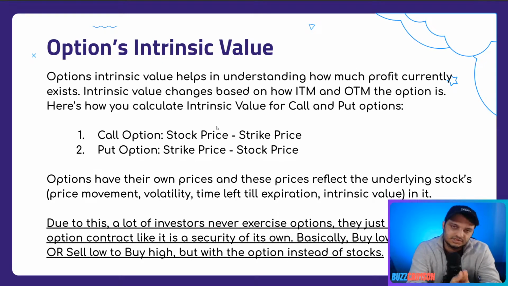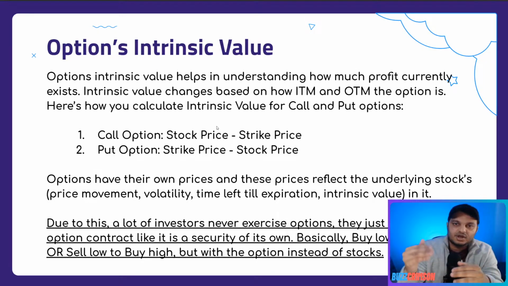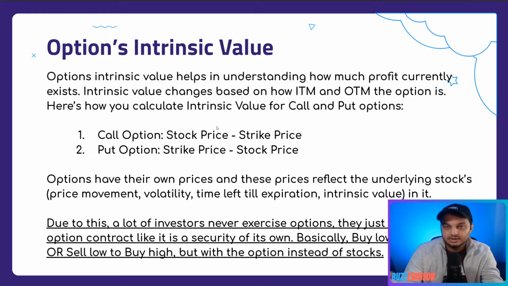So if they're bullish, they buy the call option, they go long call. And then if the stock starts to go up like they speculated, they don't exercise to buy the shares. Whatever price movement the stock is experiencing, if it's going up, the option, a long call, will also experience a price increase. So they just sell the call option to capture profit. They don't even care to exercise.